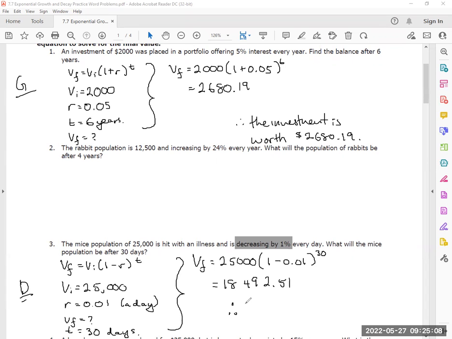So therefore, the mouse population will be 18,492. The mouse population.